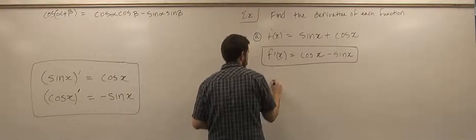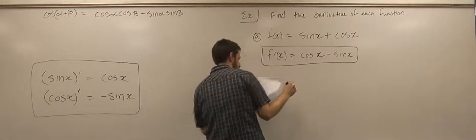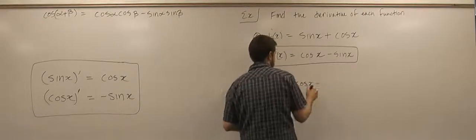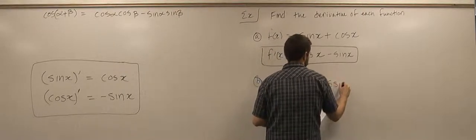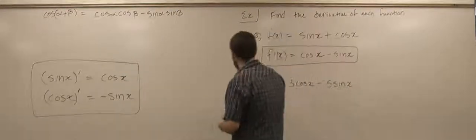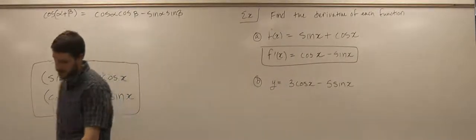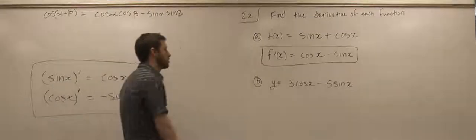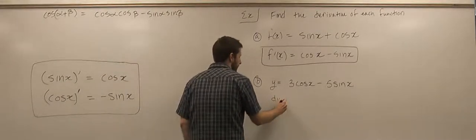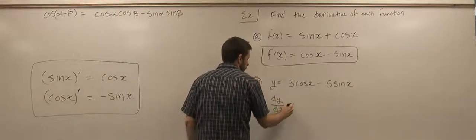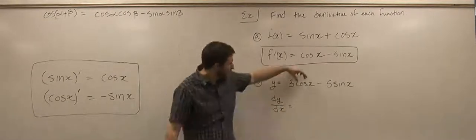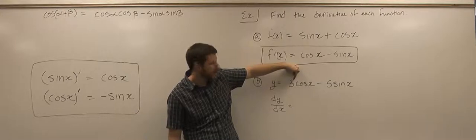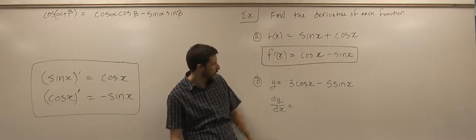Now the function y equals 3 cos x minus 5 sine x. So dy dx, the derivative. Now, not only do we have a minus, but we also have a constant multiple. So how's that work? Take it out.